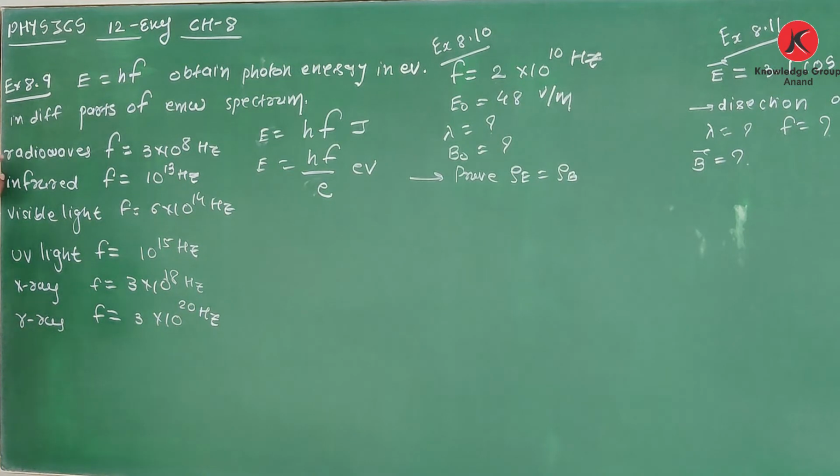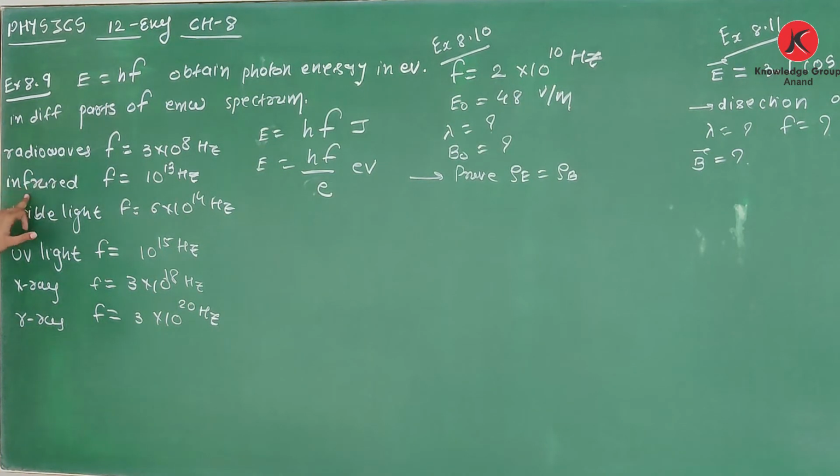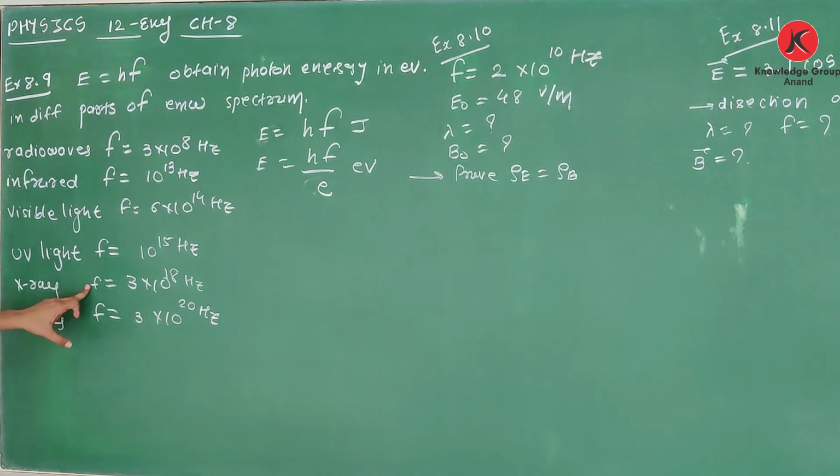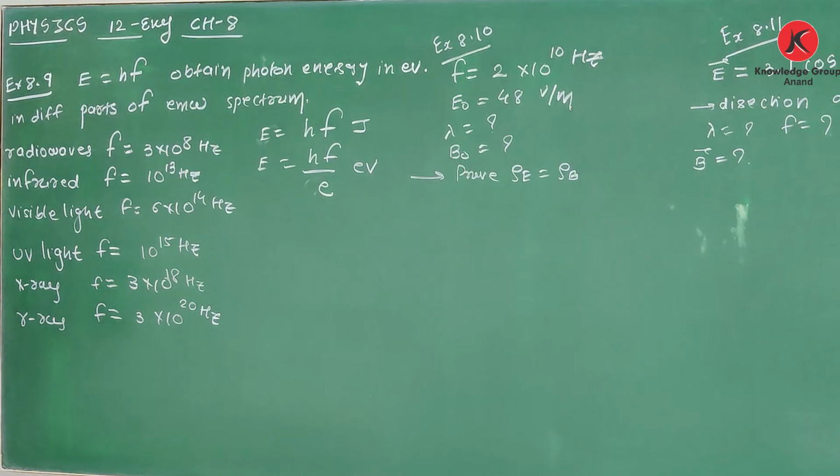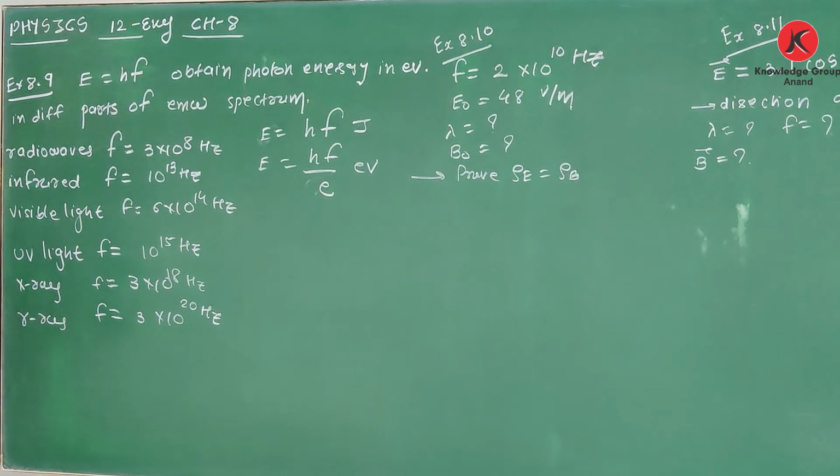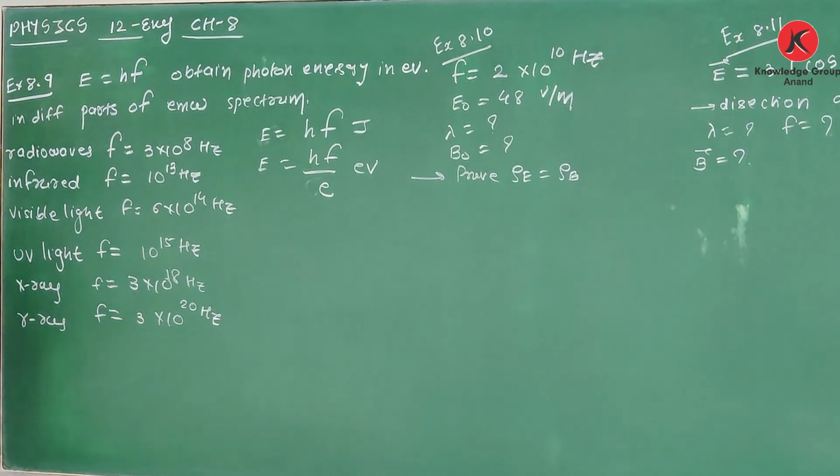For different regions: radio waves frequency, infrared frequency, visible light frequency, UV light frequency, X-rays frequency, gamma rays frequency. With the help of this equation, E is equal to hf upon e, you have to find photon energy in electronvolt for different parts of the electromagnetic wave spectrum.